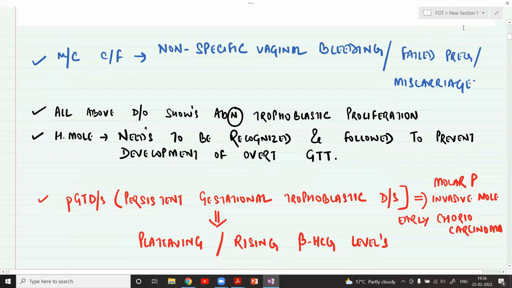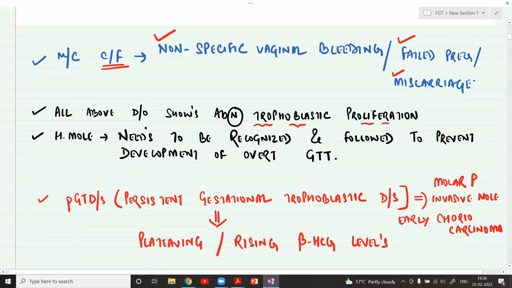Very importantly, all these gestational trophoblastic diseases that we are looking at most commonly have very similar clinical features. They present with non-specific vaginal bleeding, or as a failed pregnancy or even as a miscarriage. All the above disorders are basically showing an abnormality of trophoblastic proliferation.